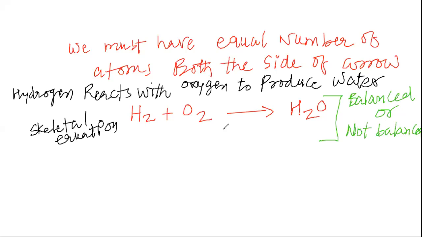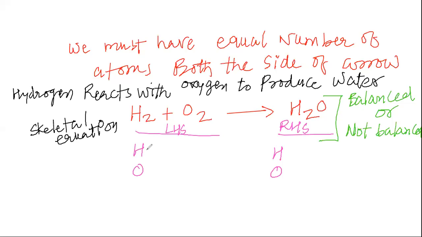Let us try to understand this. This is your left hand side, LHS. This is your right hand side, RHS. Both have hydrogen and oxygen atoms present in them. Let us find out the number of atoms present in each case.